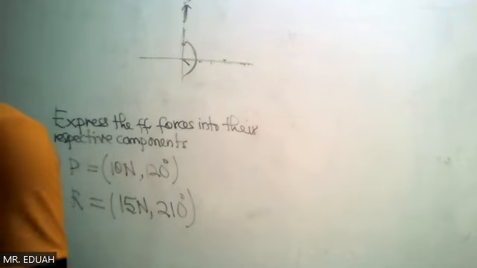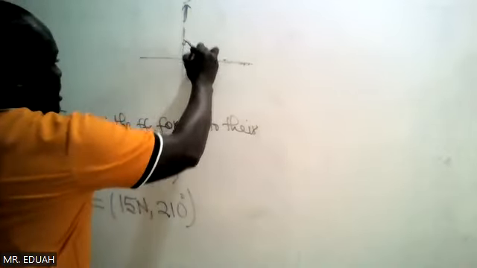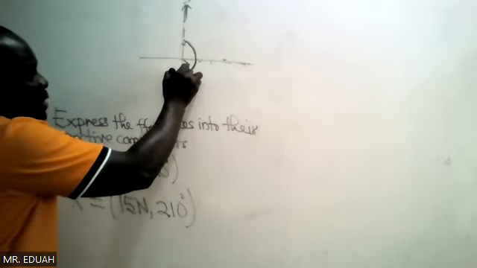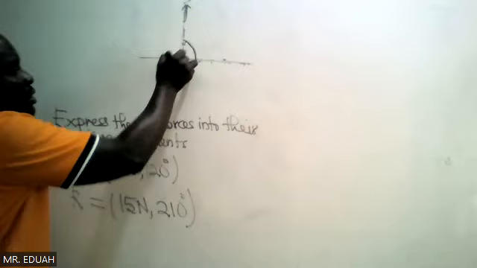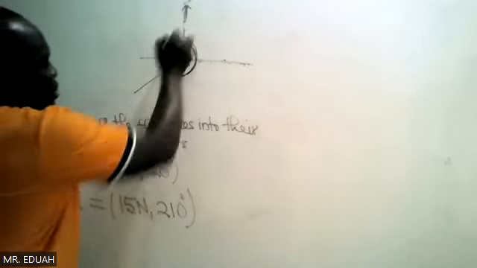Meaning I have to add 30 degrees from the y to get 210.